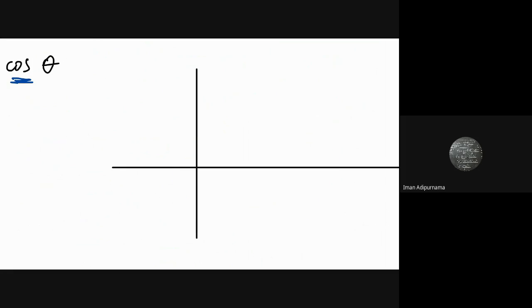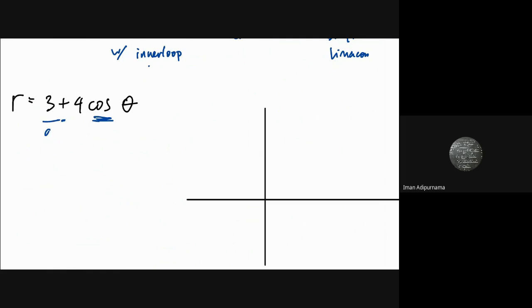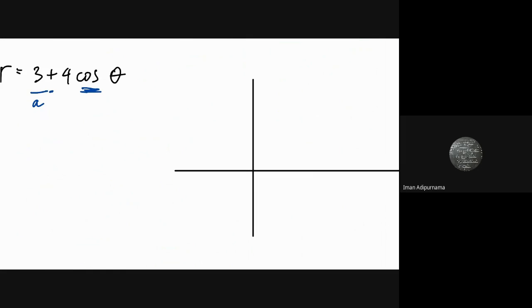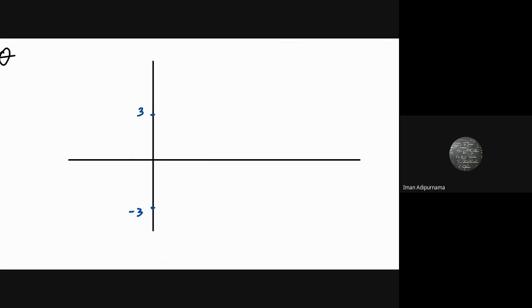And this a, it's 3. Believe me or not, this will be 3. This will be negative 3. And then the cosine will have maximum 1, so this should be a 7 when theta is 0. So this should be around 7 here.